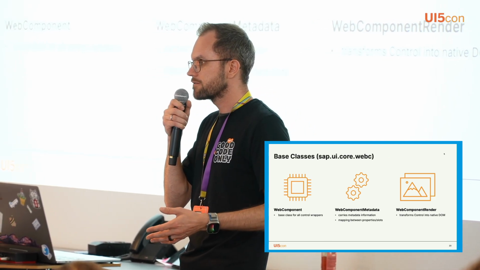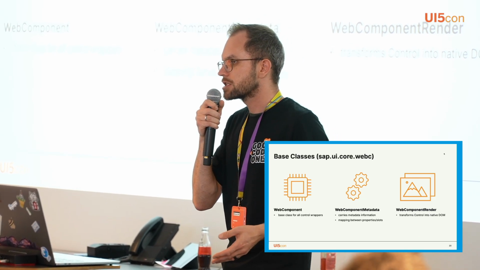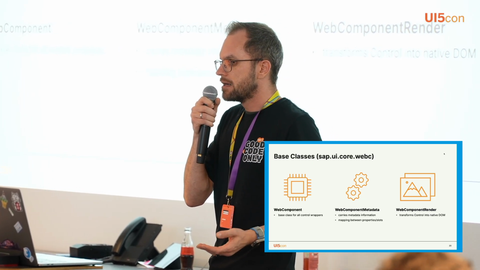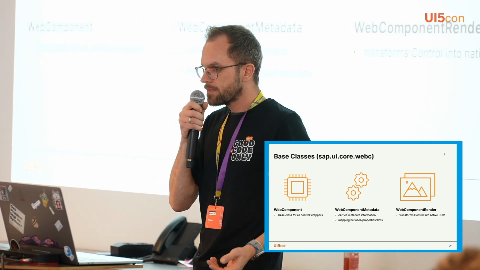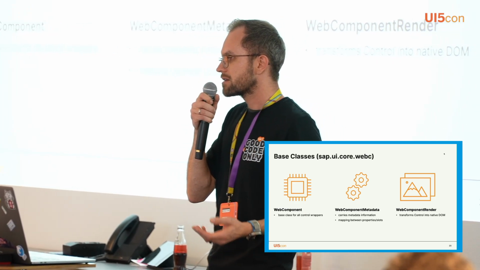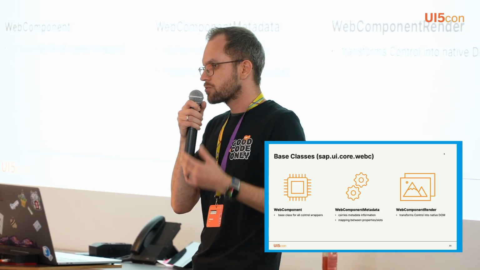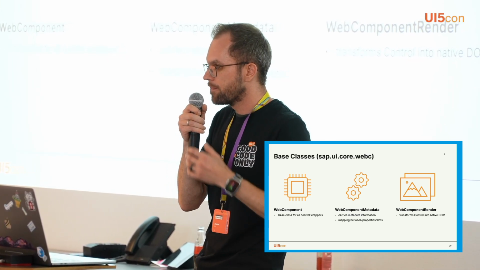So as mentioned, for example, this enabled disabled stuff or the value state functionality, those things are added by the web component metadata. And we have the renderer, and the renderer is doing not so much more than just putting the web component into a wrapped structure of a UI5 control into the DOM.